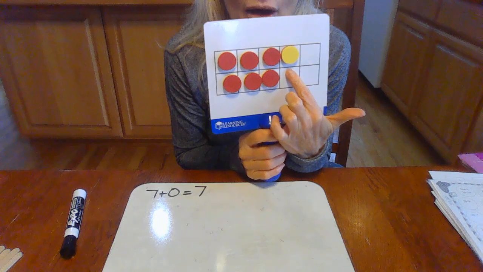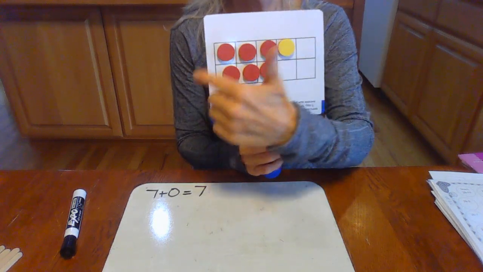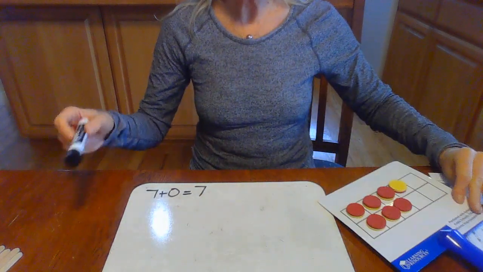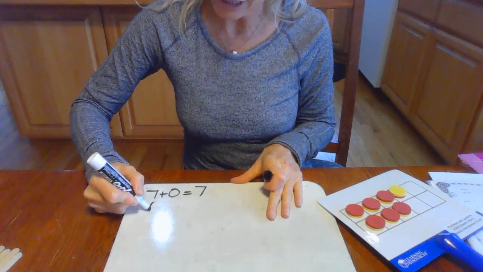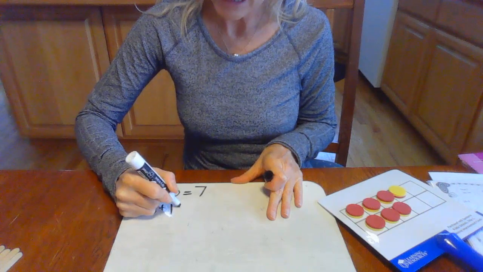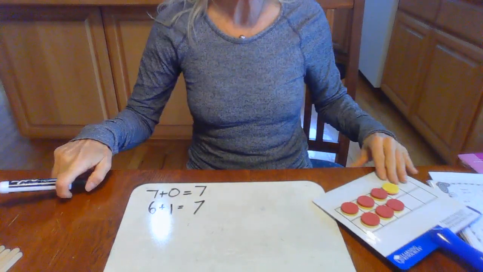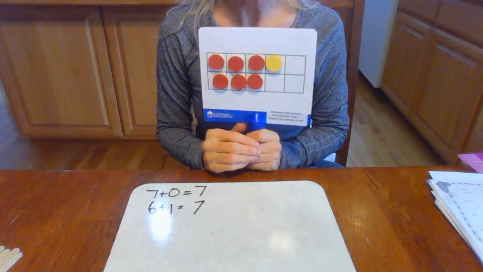How many of the counters are yellow? 1, but how many counters altogether? Yeah, 7. So our next combination, I'm going to write upside down, you don't need to do that, is 6 plus 1 equals 7.